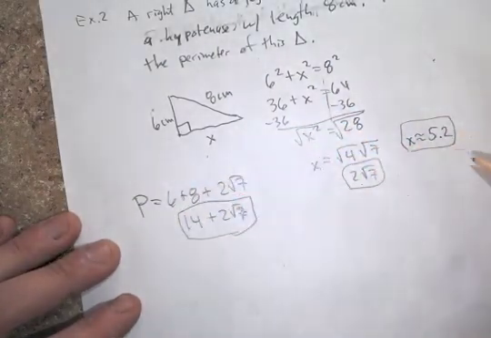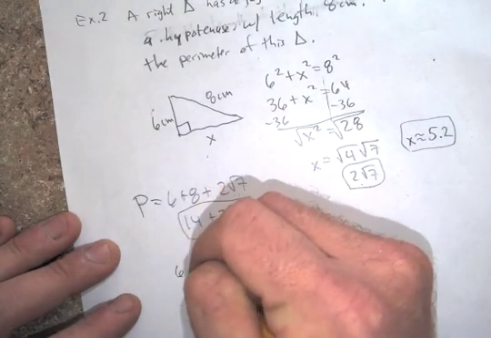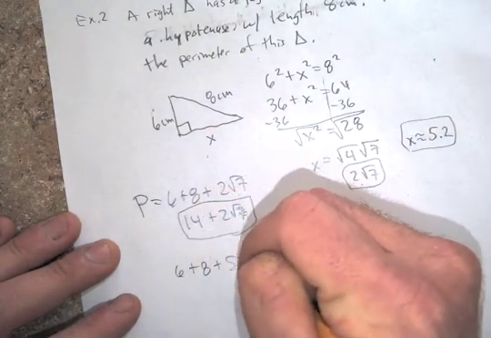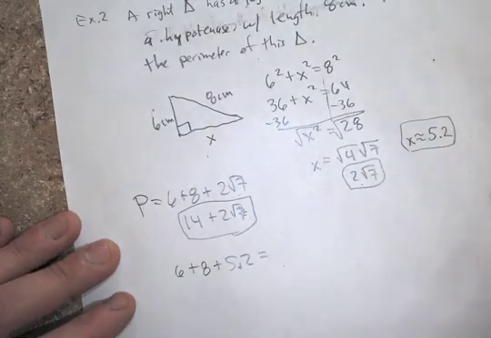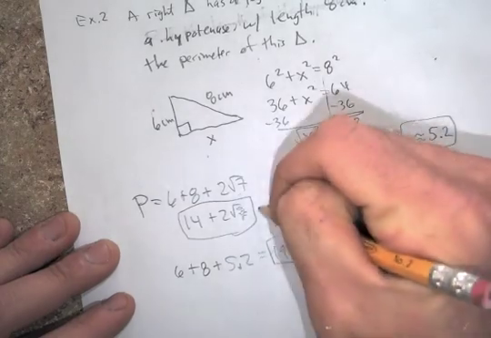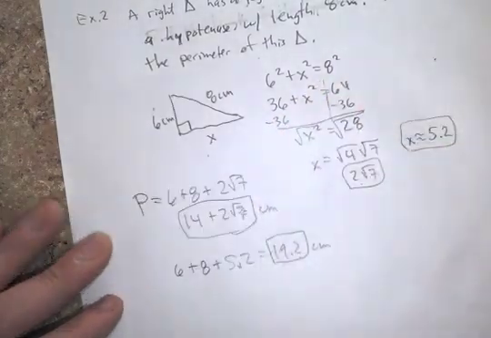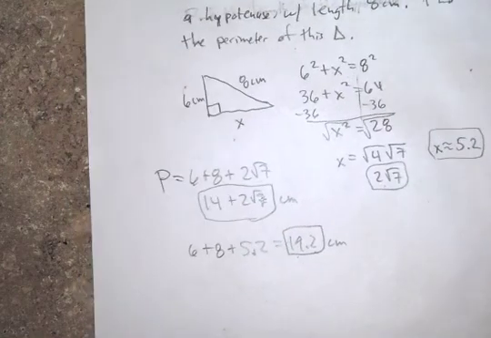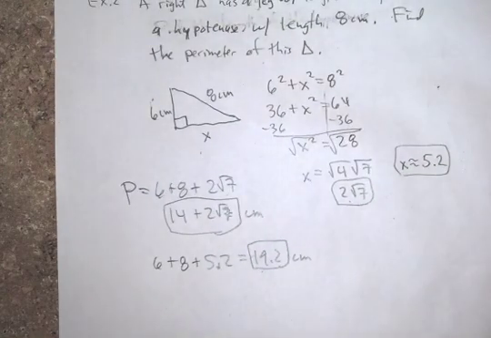Or with the decimal, 6 plus 8 plus 5.2 would be 19.2. Those are your two answers, both in centimeters. I think that's everything you need to know to get through today and to get through the Delta Math that you're going to do tomorrow.